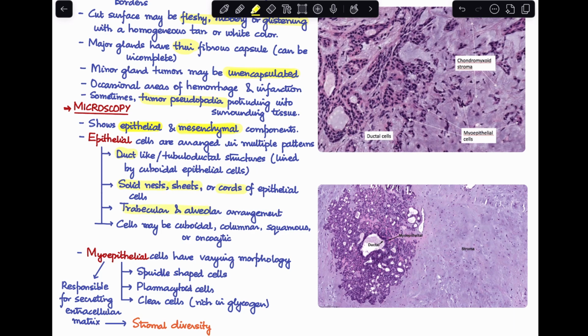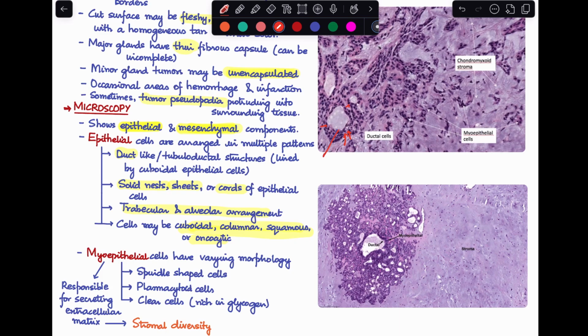They can be trabecular and alveolar in arrangement. The ductal cells are usually cuboidal, columnar, squamous or oncocytic. If you look at the image, these are the ductal cells lining the duct.